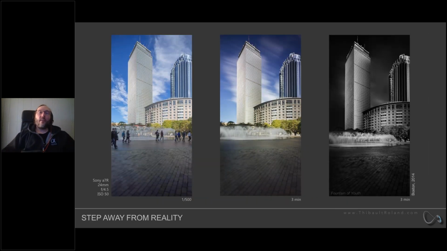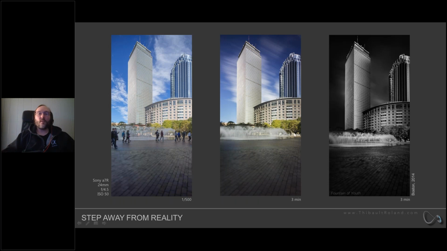And if I want to basically push even further this idea and combine them, you can see on the left-hand side, again, all the people are pretty much very sharp because I am shooting at 1/500 second, and it is a very fast handheld picture at that point.